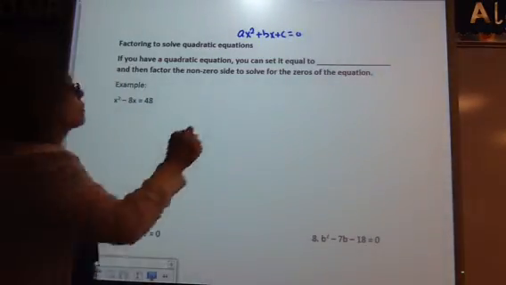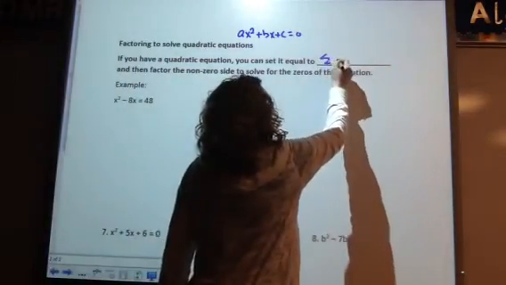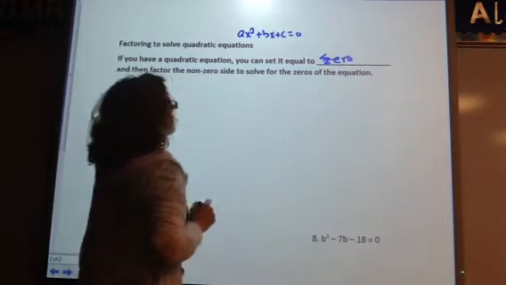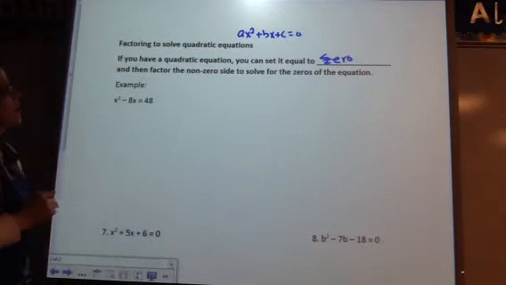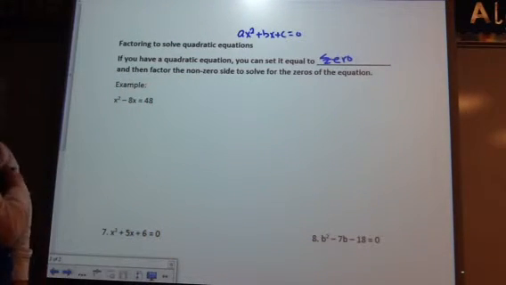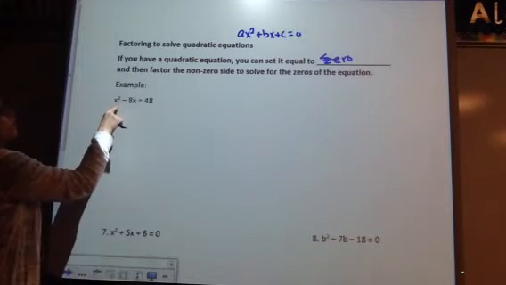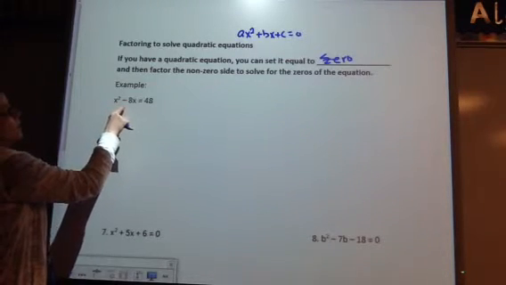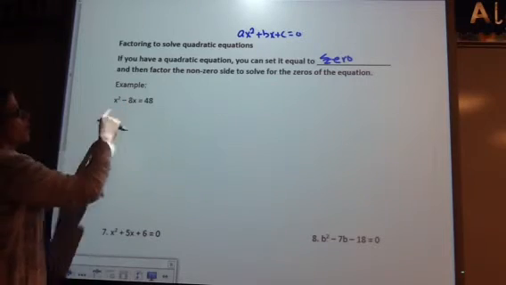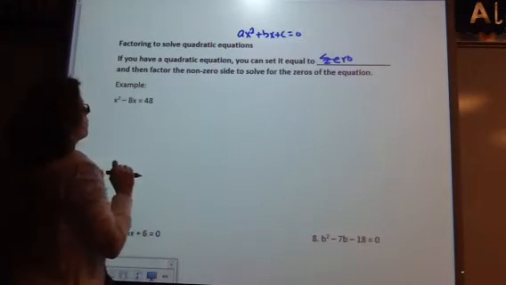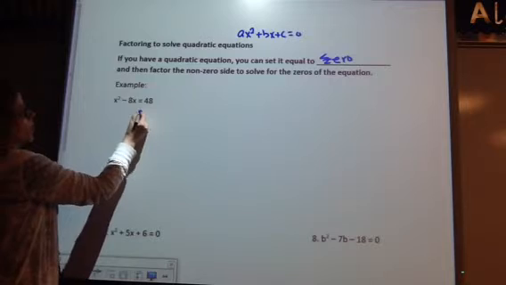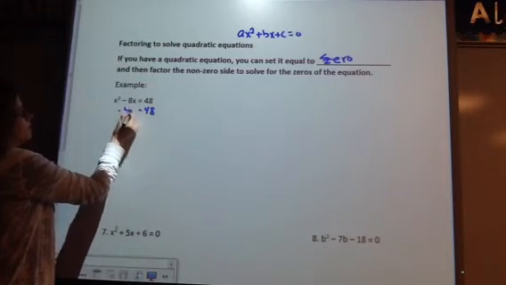You can set it equal to 0 and then factor the non-zero side to solve for the zeros of the equation. So what that means, class, is we need to get 0 on one side of this equation. Set it up in your quadratic equation form. So in order to do that, we need to subtract 48 from both sides.